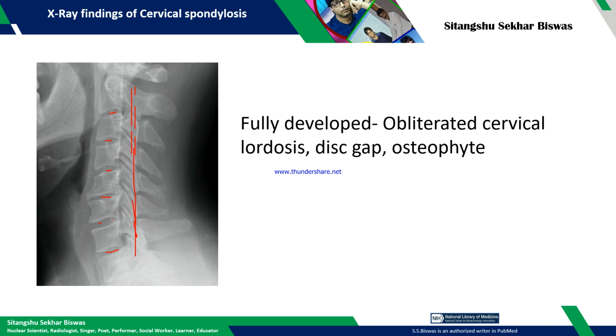And you can see here, 1 2 3 4 5, so in between C5 and C6, the disc gap has become very narrow, and there are osteophytes also. So this is a case of fully developed cervical spondylosis.